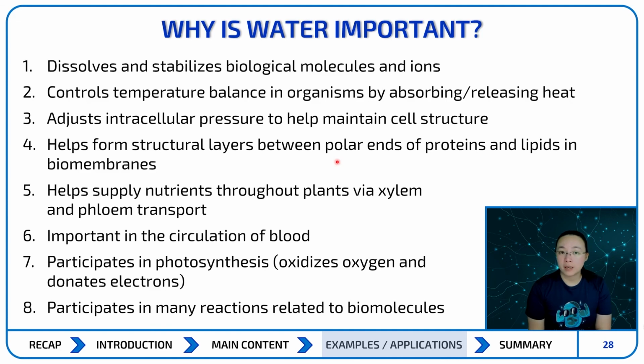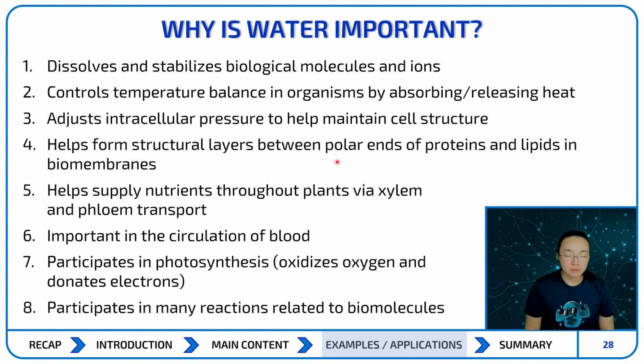Because our blood has a high concentration of water, it also means that water plays a crucial role in the cardiovascular system and therefore blood circulation. After that, you also have the fact that water participates in many different reactions, whether it's photosynthesis or cellular respiration, where it's oxidizing and donating electrons.